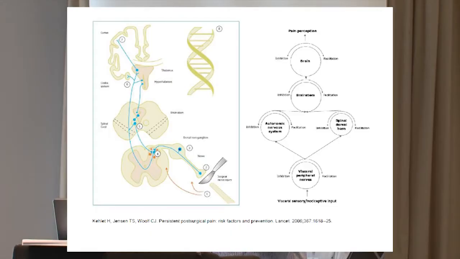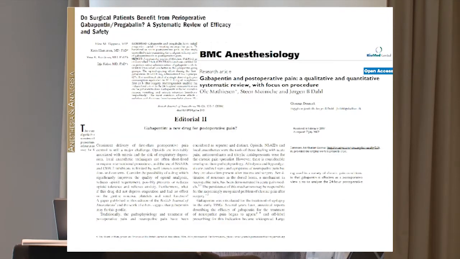And the evidence suggests that it may well have some effect on neuropathic pain, but particularly it has quite a significant impact on reducing the amount of opiates that are required perioperatively. And if you remember before, opiates mean nausea and vomiting, increasing the length of stay.